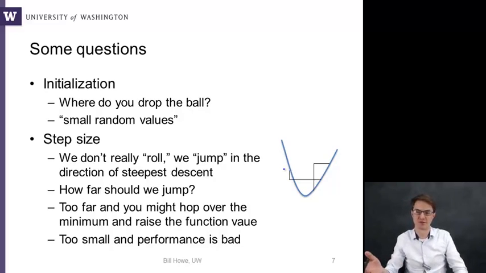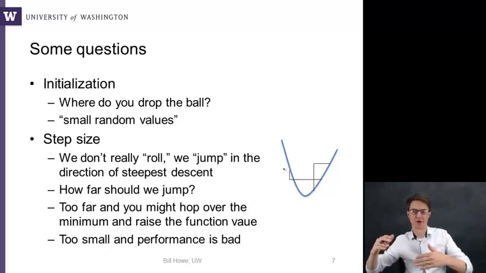Some of the methods to decide this learning rate will adapt based on how much of a difference in the error you've gotten. If you're rolling on a relatively flat stretch, you might take a bigger jump, while if you're going through a steep stretch, you might take a smaller step, in order to keep approximately constant the amount of gain you get in the error.